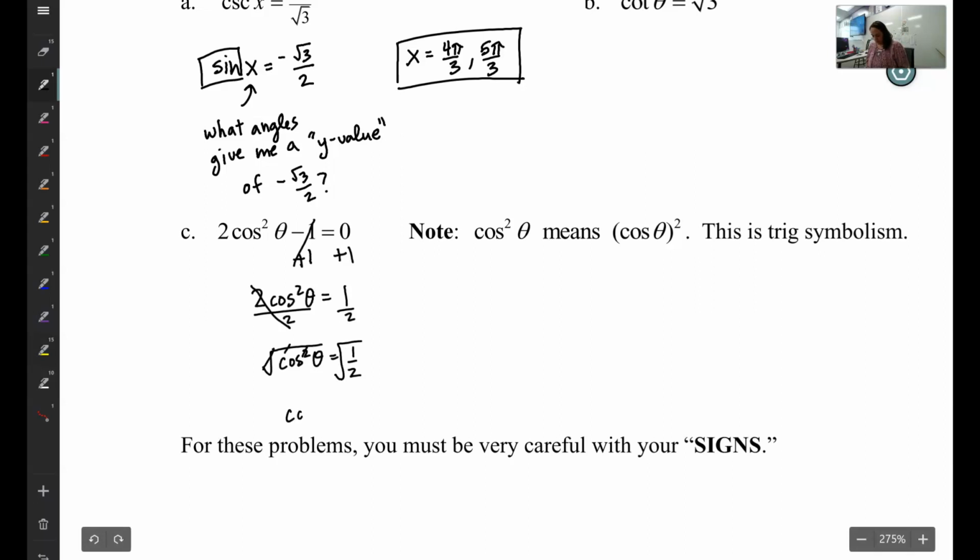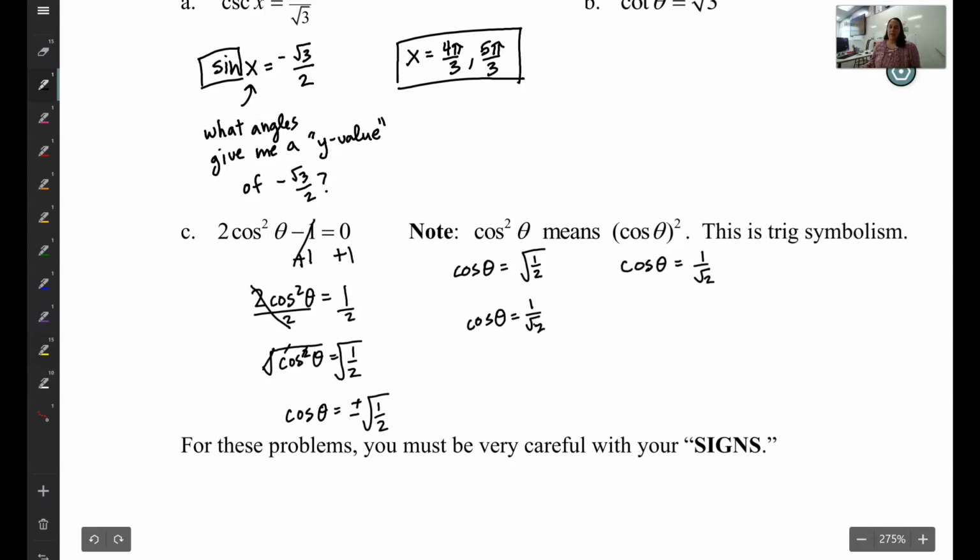So I get cosine of theta equals plus or minus square root of 1/2. Don't forget your plus or minus. So I'm going to split these up. I have cosine of theta equals square root of 1/2, which I'm going to simplify: cosine of theta equals square root of 1 over square root of 2, or 1 over root 2. And cosine of theta equals -1 over root 2.